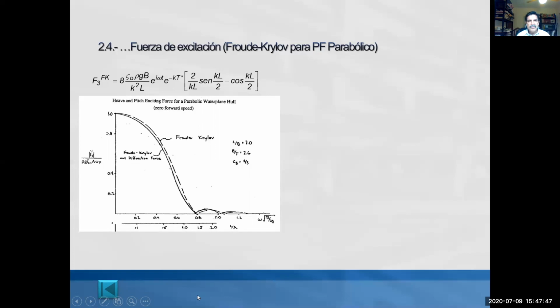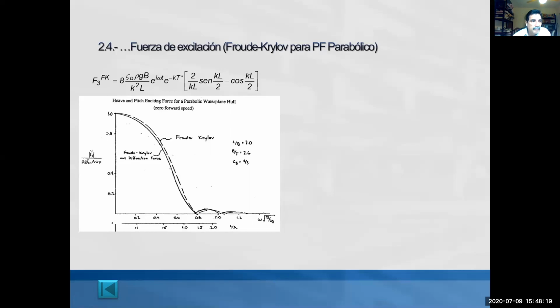This is a case when you have the waves coming from the bow. The general message from this figure is that if you consider the Froude-Krylov component to approximate the total force on a ship in a vertical plane, when the waves are coming from the bow, it is a good approximation.